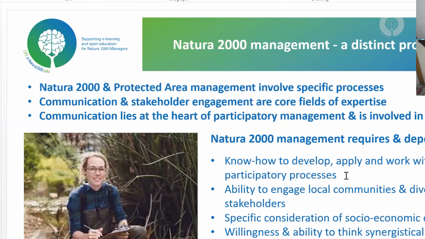And very much within the Life Edu project, we firmly take that approach. There are common core competencies which all managers of nature require in order to be able to do their jobs. So we're focusing on the things that can enable you and help you and support you to do your work more efficiently, better, with more resources and knowledge, rather than what keeps us different and what keeps us apart.